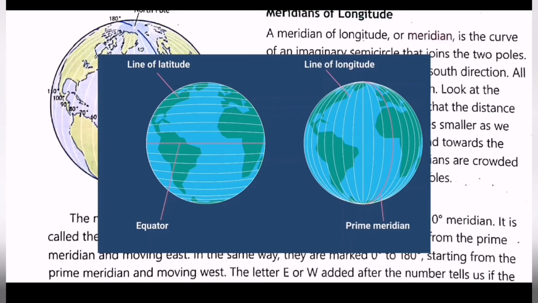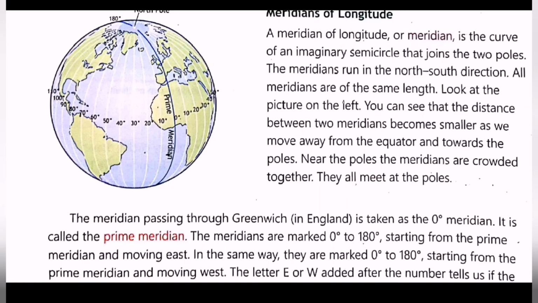All meridians are of the same length. इनका length same. Look at the picture on the left. You can see that the distance between two meridians becomes smaller as we move away from the equator and towards the pole. जितना दूर हम लोग जाएंगे, it will be much smaller.